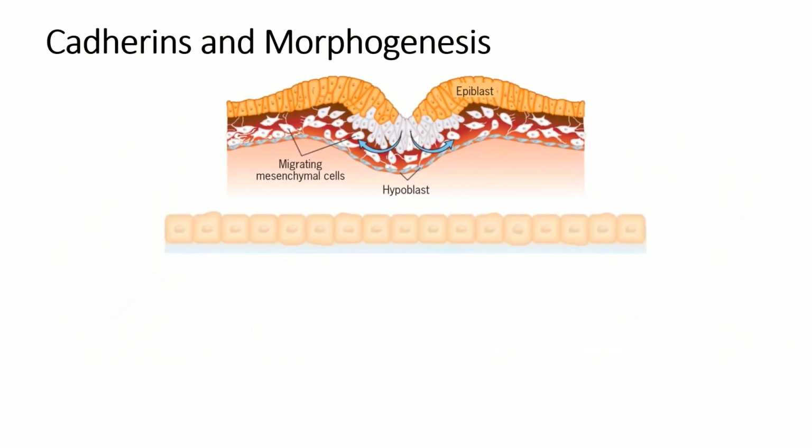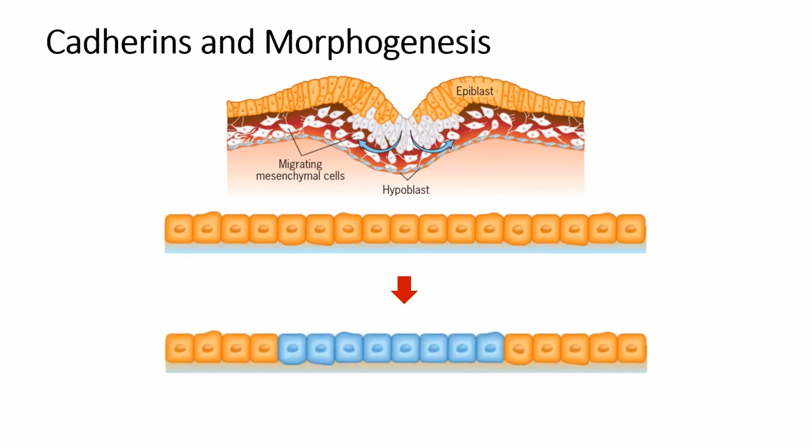So the differences in the expression of the cadherins is the reason for this. Here we have a single layer of cells with similar cadherins, and so they recognize each other as similar, and they stay together in one layer. Here we see an illustration in the center of these blue colored cells.